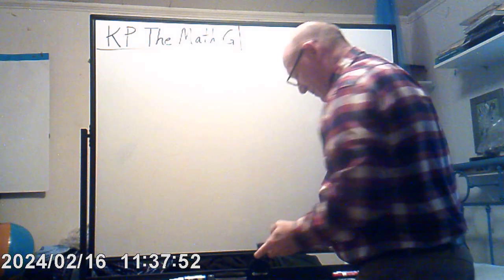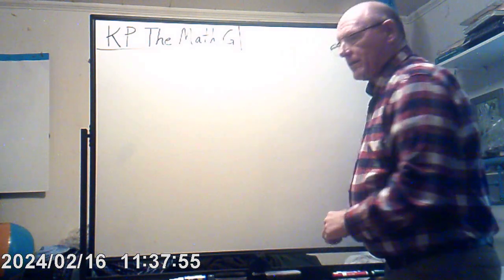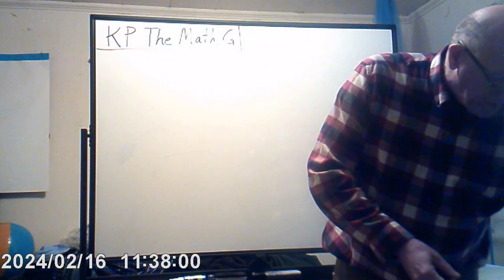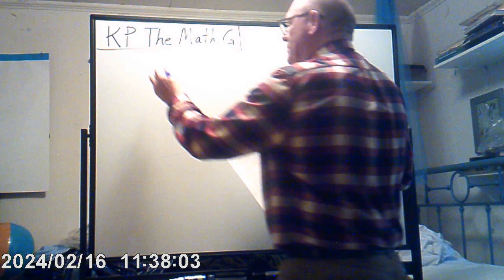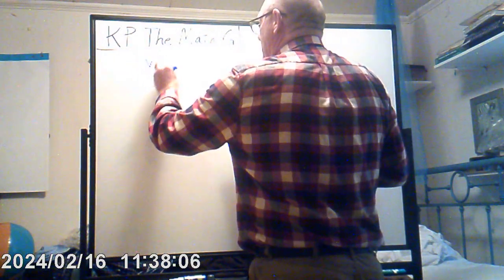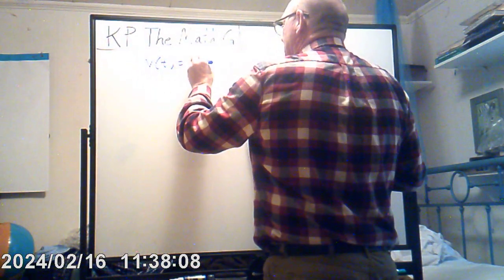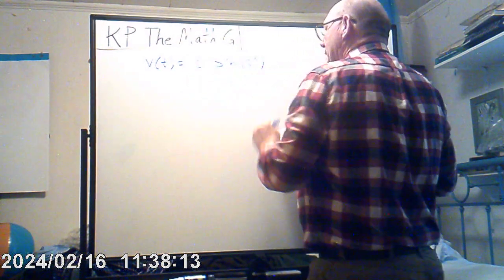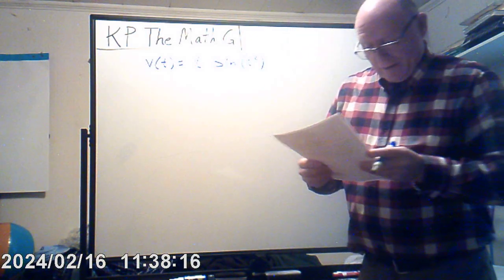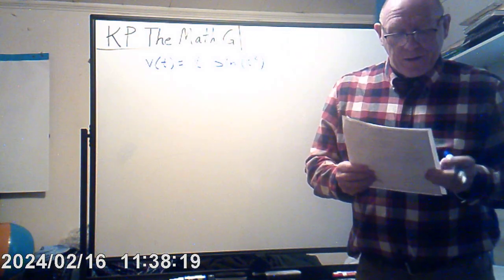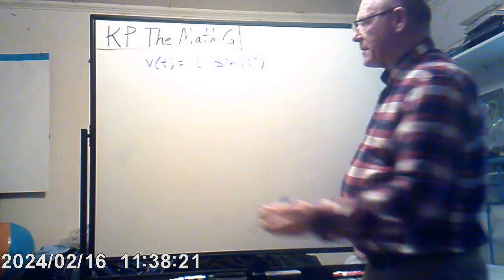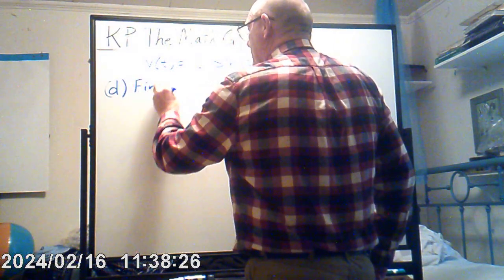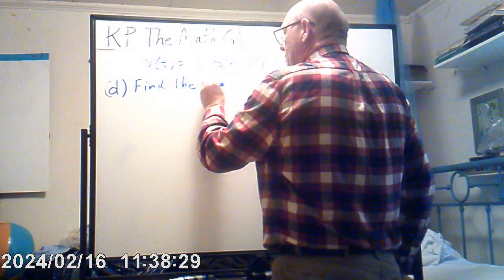3.8 whatever. Now let's look at part D, and let's rewrite the problem up here. We have v of t equal to t sine t squared. The last question asks us to find the total distance.